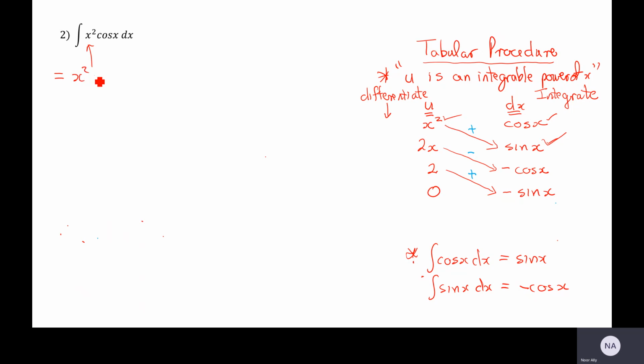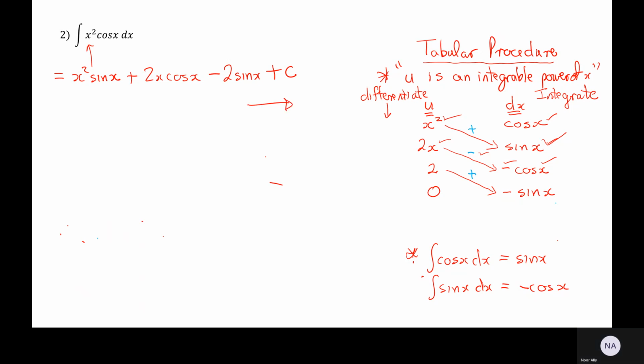So that's x squared sine of x. Now the next diagonal, 2x multiplied by negative cos x. So we must take those signs into consideration. So that will be a plus 2x cos x. And then the last product, 2 times positive times negative, will give me negative 2 sine of x plus my constant.